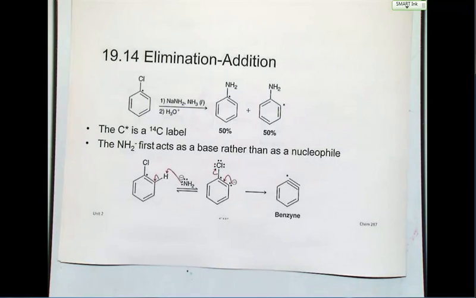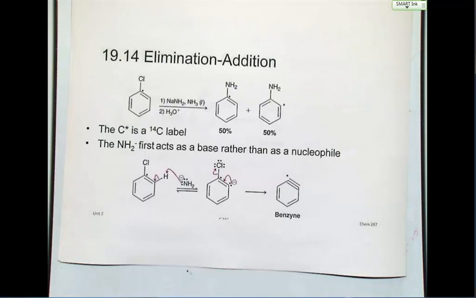You can do radioisotopic labeling. You can detect that using a variety of spectroscopic methods. And that's this carbon. And when you actually do that, you'll see that the substitution, the nitrogen, is happening on what we call the ipso, that's your direct connection carbon, and ortho to it.